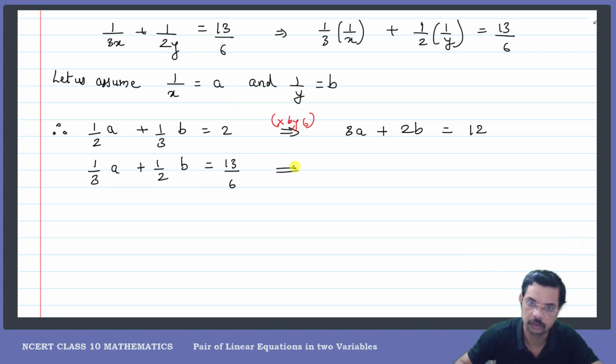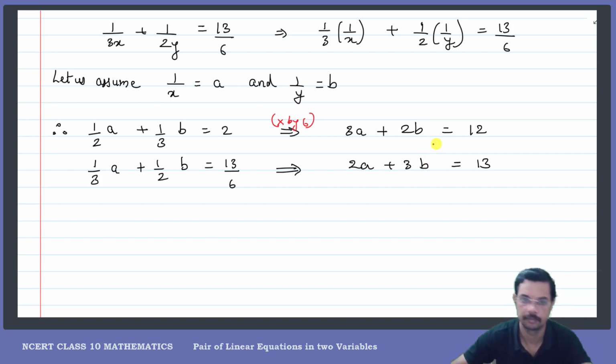So here also we multiply by 6. So you get 2a plus 3b equal to 13, because 6 will get cancelled. So this is your first linear equation and this is your second linear equation. Now you know how to solve this.